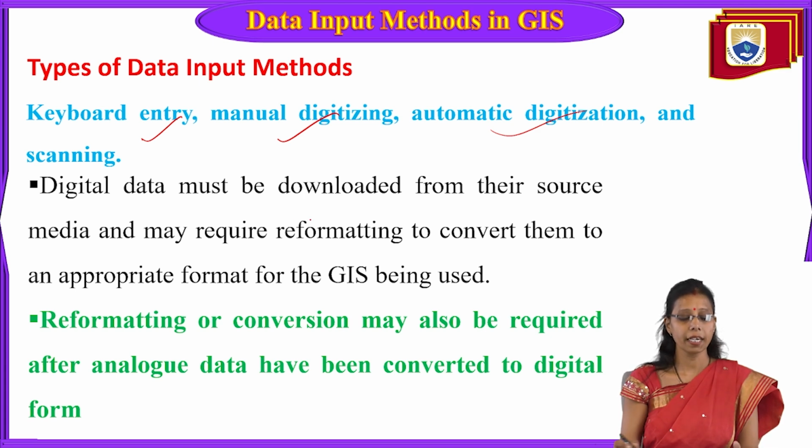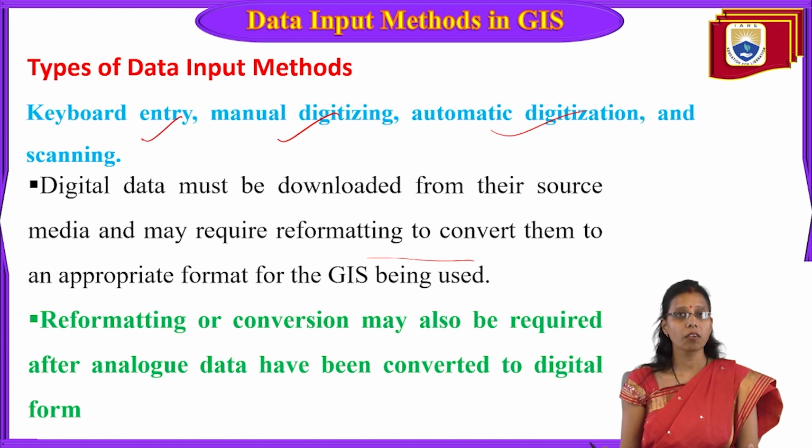Okay, so digital data must be downloaded from its source. Just now you have seen in the previous slide what the different sources are. If the data is available online, if the data is in digital format, we can directly download it from the source, and it may require reformatting to convert it to the appropriate format for the GIS being used.